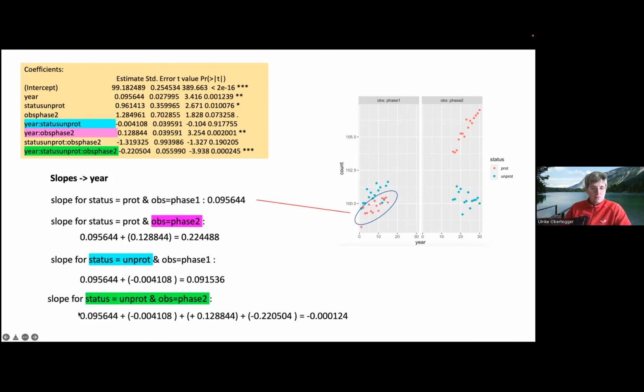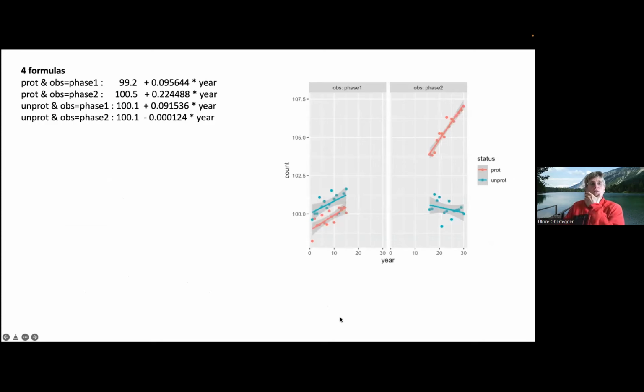So we have here the baseline, plus the status unprotected, plus the observation phase 2, plus this interaction, and so you have the slope. So finally, these are the 4 linear regressions for the 4 relationships.